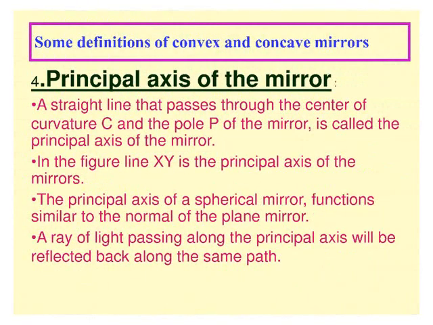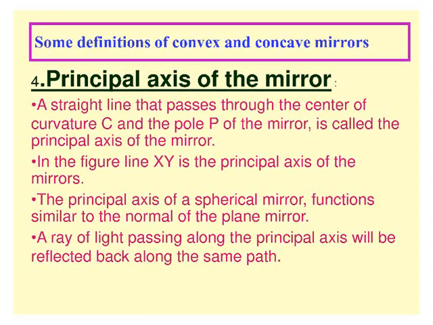Here is the definition for principal axis of the mirror. A straight line that passes through the center of curvature C and the pole of the mirror P is called the principal axis of the mirror. In the figure, the line XY is the principal axis of the mirrors.